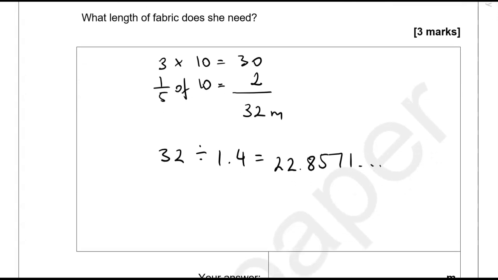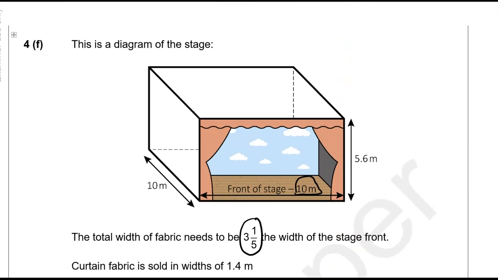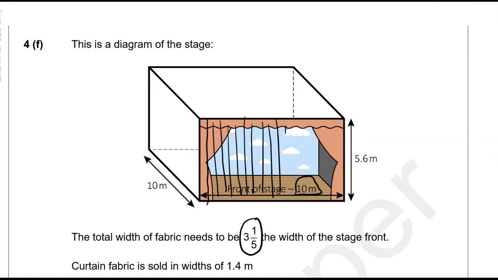So this is about 23 widths. So 23 widths, and this is what it looks like. So thinking of 23 strips like this, I haven't counted them, but the idea is that it's 23 of them.